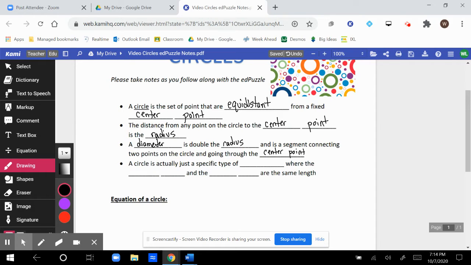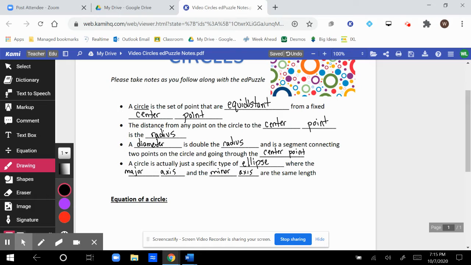All right, and finally, guys, a circle is actually just a specific type of ellipse where the major axis and the minor axis are the same length. Okay, so if you think back to ellipses, you had your major axis and your minor axis, and one was always longer than the other.